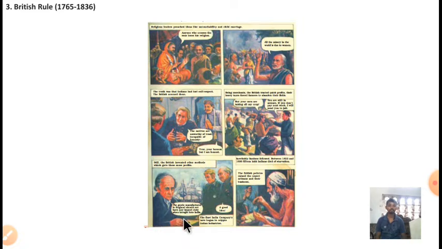You can see the picture, one artisan or artist could not sell his pots or other handmade things because of the Britishers. And from 1822 to 1836, due to famines and scarcity of food, around 15 lakh Indian people died of starvation.